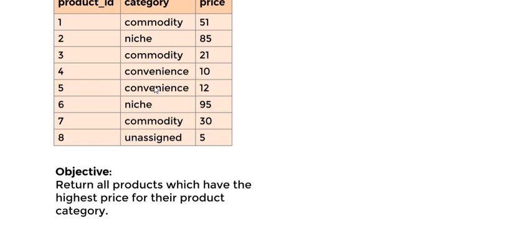Nearly 4 types of category. For the 4 categories I want the maximum price.